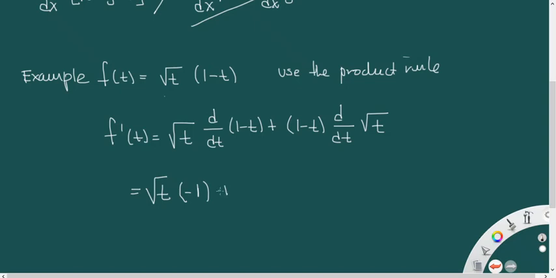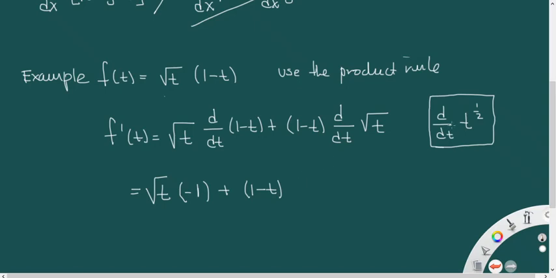Okay, then we have this part done. Let's add the second function times the derivative of the square root of t. If you remember, this is the derivative of t to the 1/2. Remember we are applying that conversion to get rid of the radical.